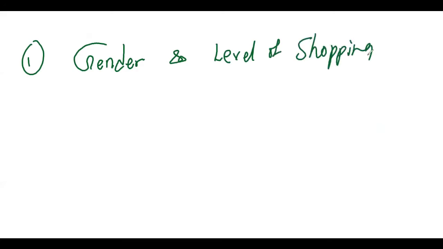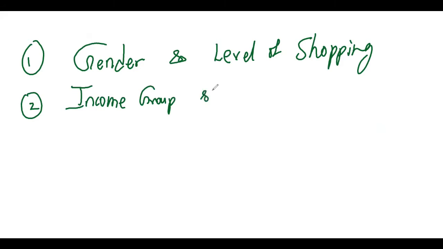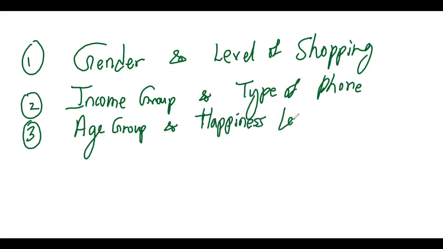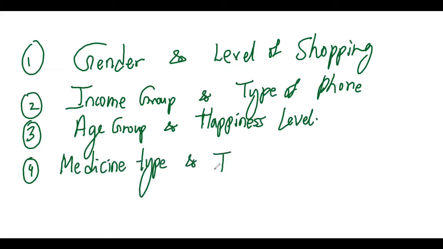Second, is there any relationship between income group and type of phone? Third, is there any relationship between age group and happiness level? Fourth, is there any relationship between medicine type and improvement level?